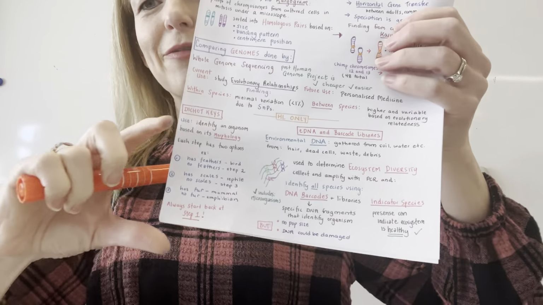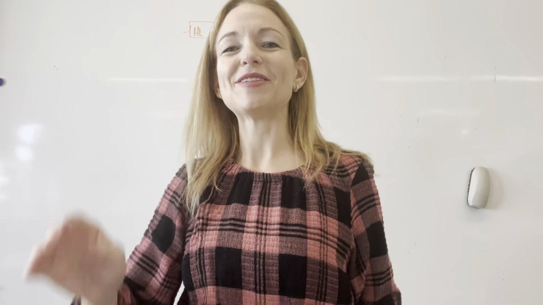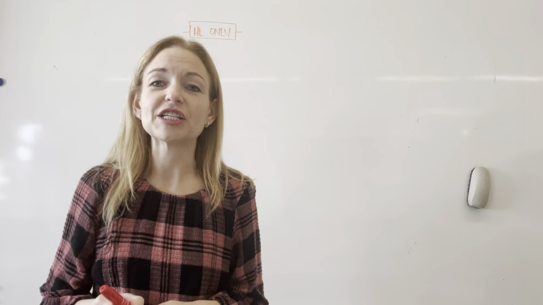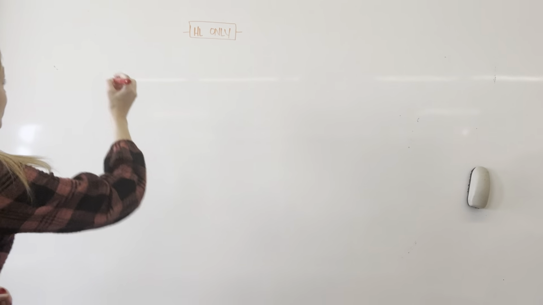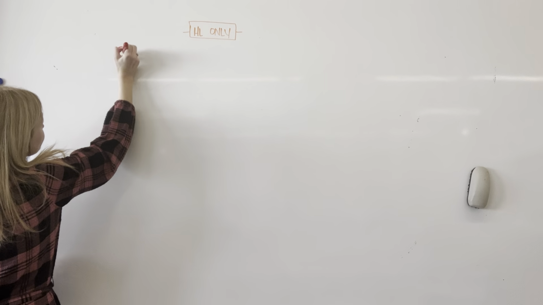And just in terms of context, this doesn't matter because it's however much space you have, but that's how much I use, and that was being generous, so just use whatever space you have left. Okay, so the 2 different things that come under this HL banner for this topic are dichotomous keys and then eDNA.